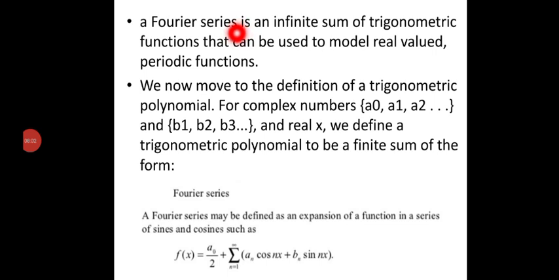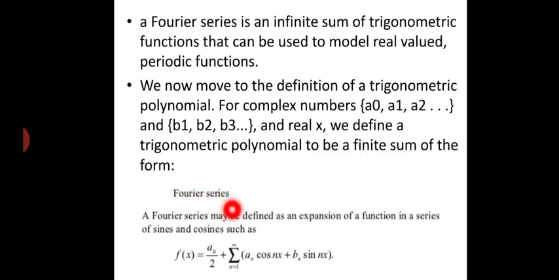A Fourier series is an infinite sum of trigonometric functions that can be used to model real valued periodic functions. We now move to a definition of a trigonometric polynomial for complex numbers a0, a1, a2 and b1, b2, b3 and real x. We define a trigonometric polynomial to be a finite sum of the form.